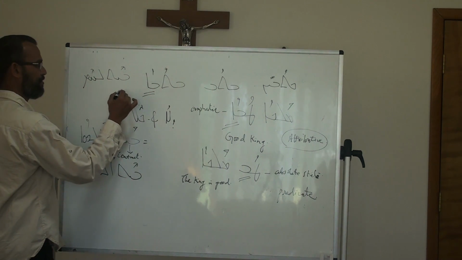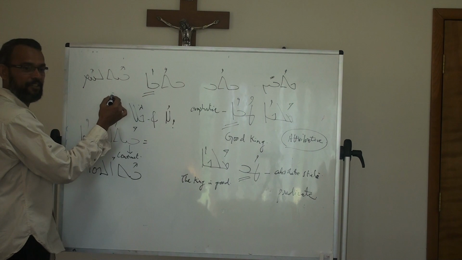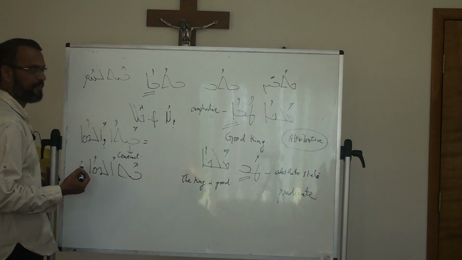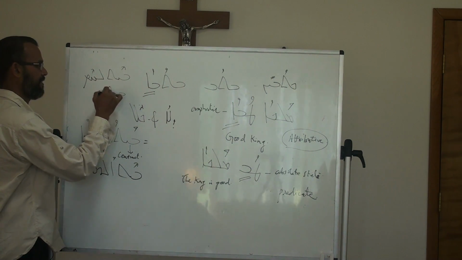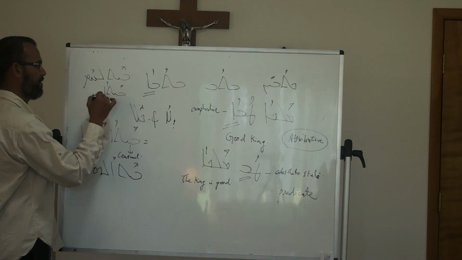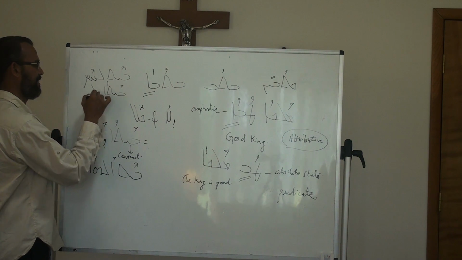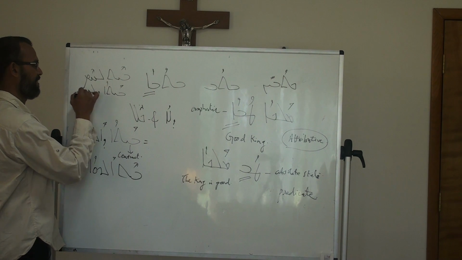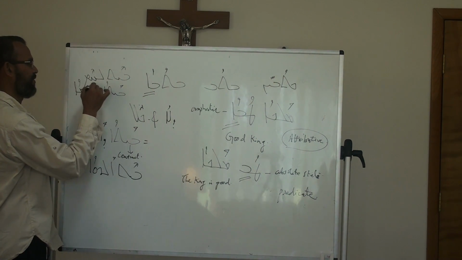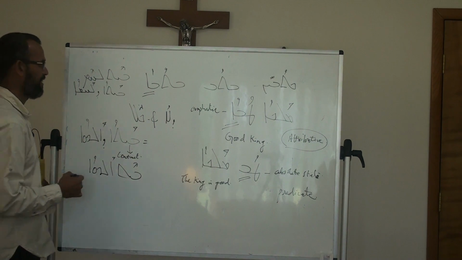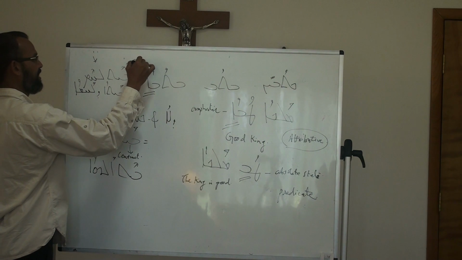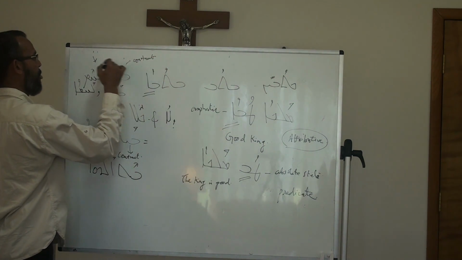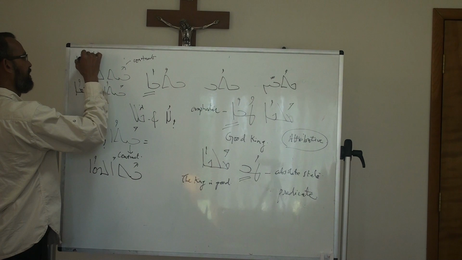What is the other form? If it's in the emphatic form, how would it be? Baito. The lahmo. So this one is in the construct form, and this one is the absolute form.